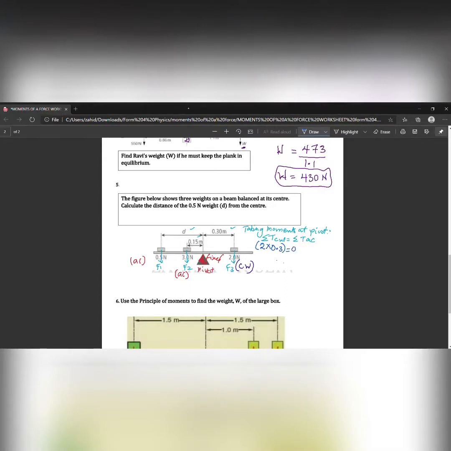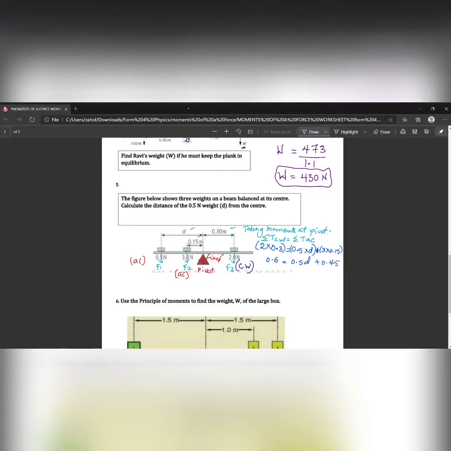It's 0.5 multiplied by D, plus we have another anti-clockwise force, and of course that is 3 newtons multiplied by 0.15. No problem. What we will get on either side, of course, is 0.6 is equal to 0.5D plus 0.45.